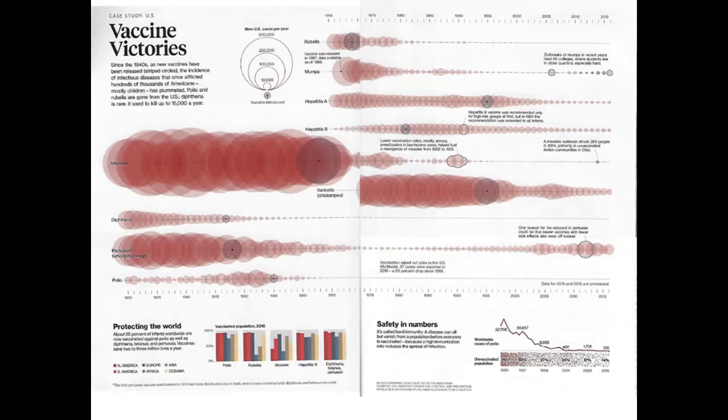But the overwhelming consensus of this data is that as soon as there is a vaccine available, it starts to be distributed on a wide scale, the diseases themselves virtually disappear, or they disappear entirely from a population.